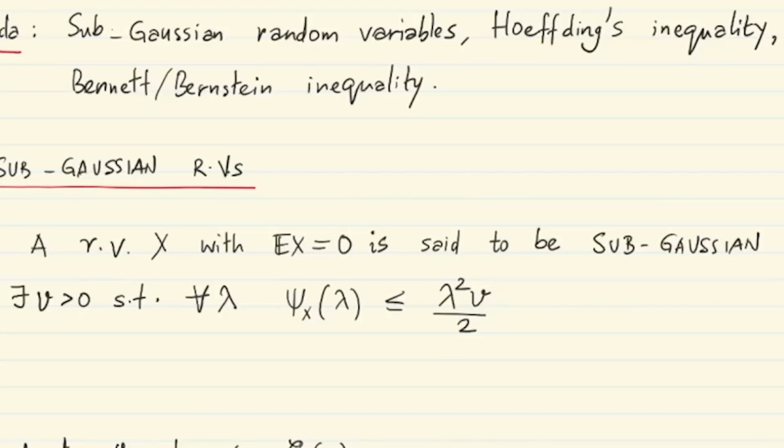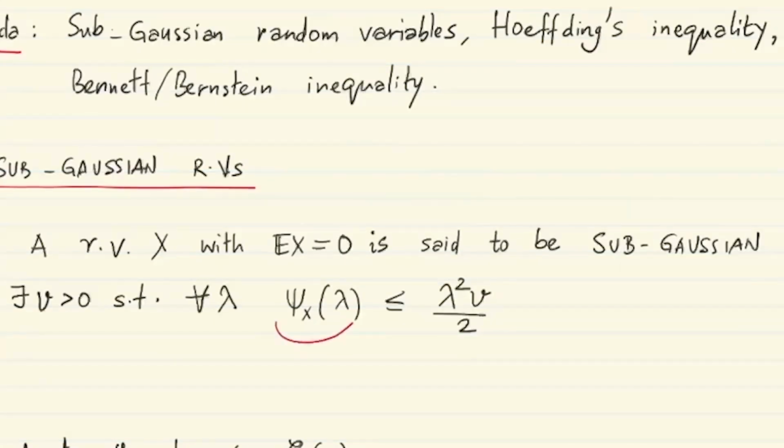Here a random variable x with zero mean is said to be a sub-Gaussian random variable if there is some positive number v such that its log moment generating function is upper bounded by lambda square v by 2, for every value of lambda.